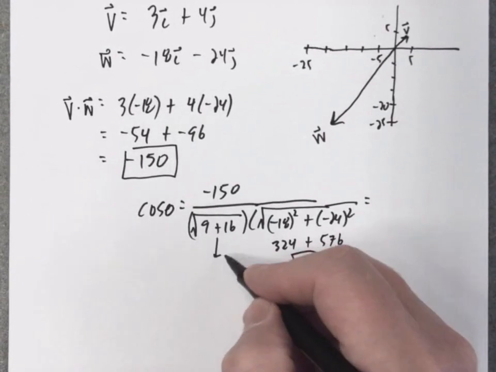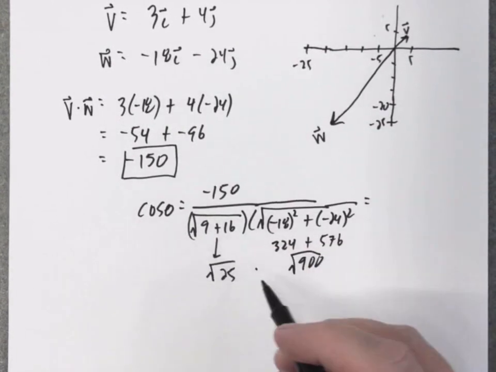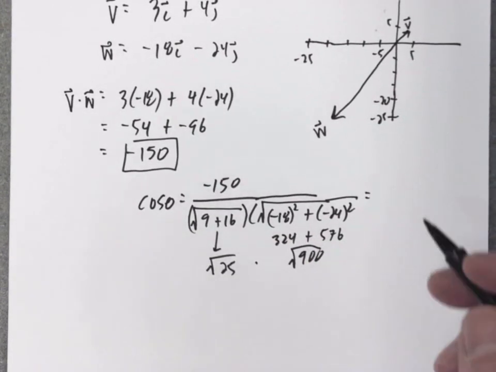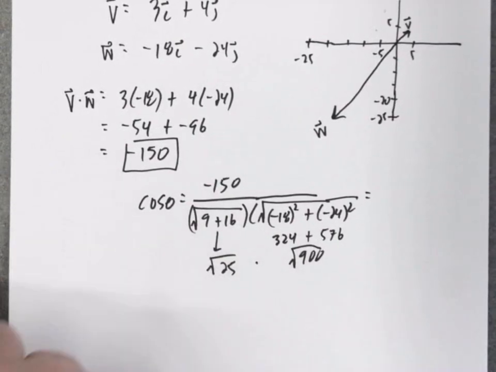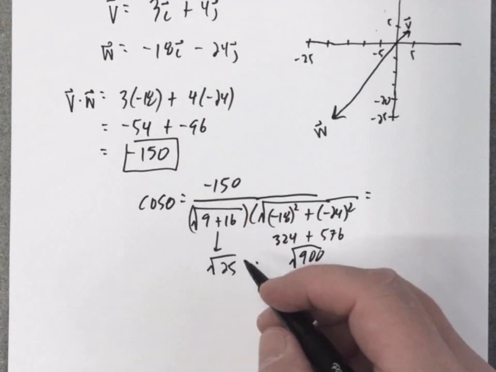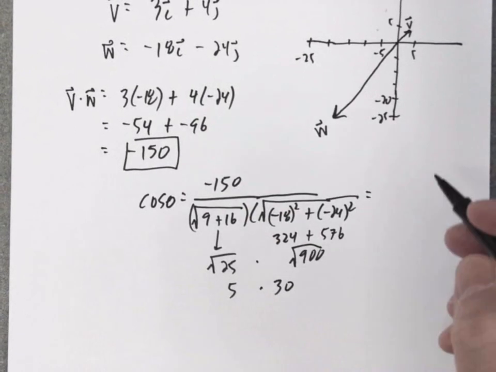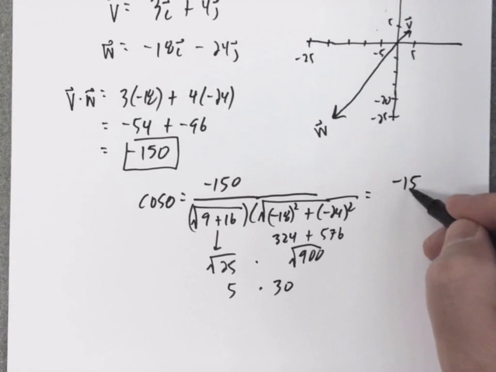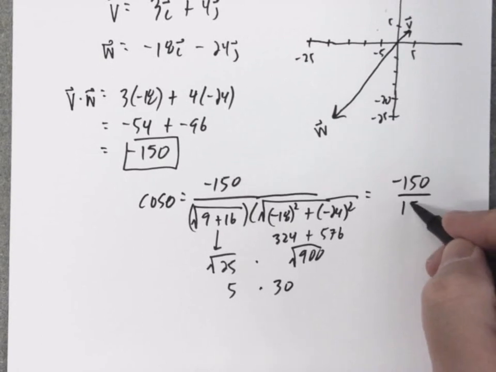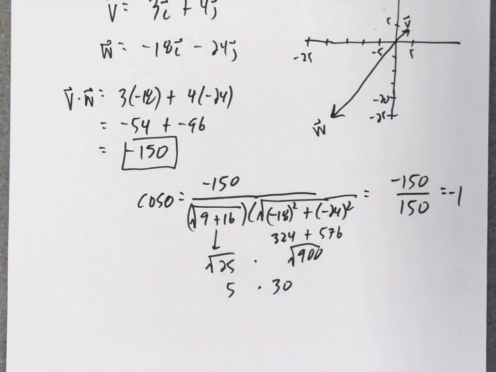So really, this is square root of 25 times square root of 900. Square root of 900 is 30. So really you have 5 times 30. So it looks like you have -150 over 150. Looks like the cosine is -1.